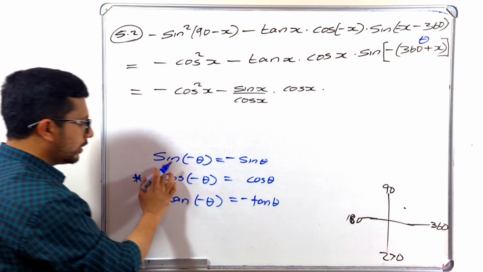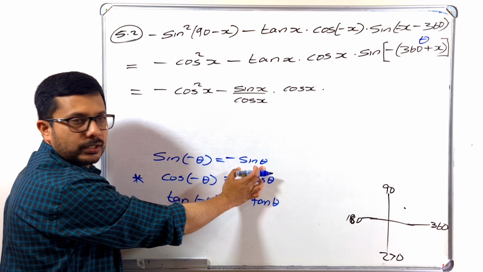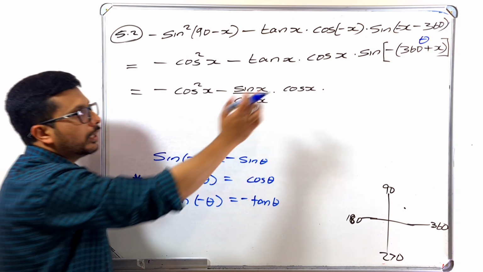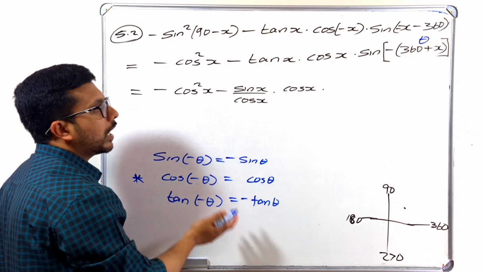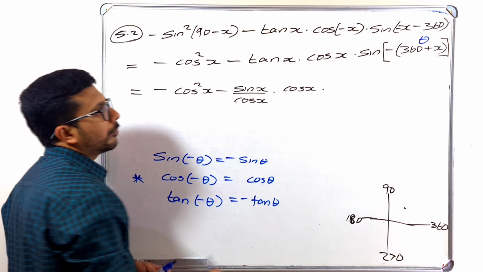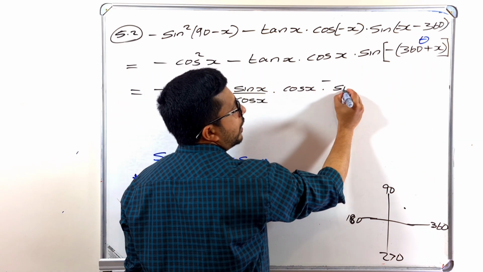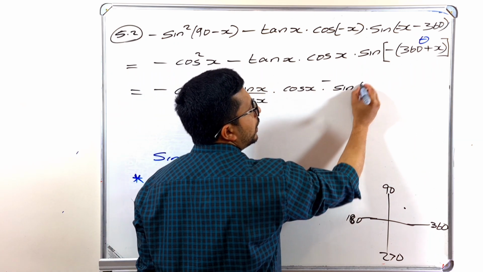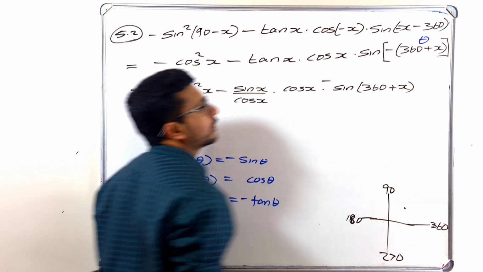What do you study? Sine of minus theta is minus sine theta. Am I right? Instead of this theta, there it is 360 plus x. That's the only difference. So sine of minus means minus sine theta, where theta is 360 plus x.